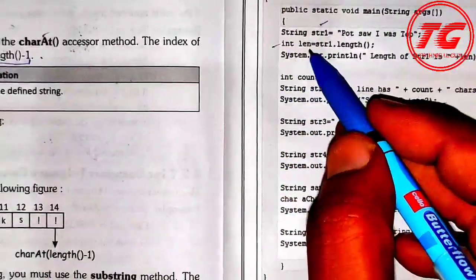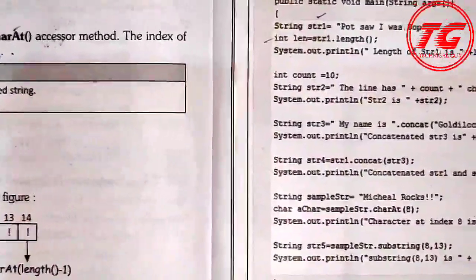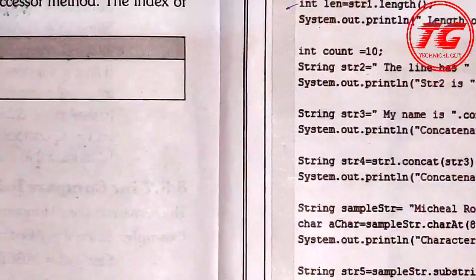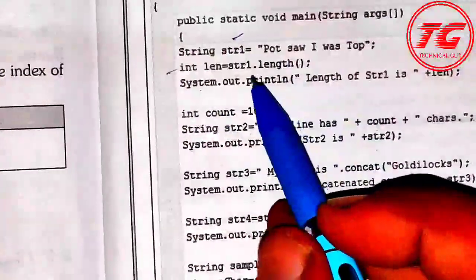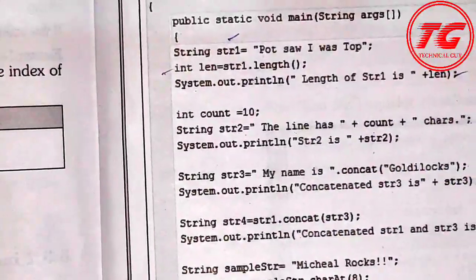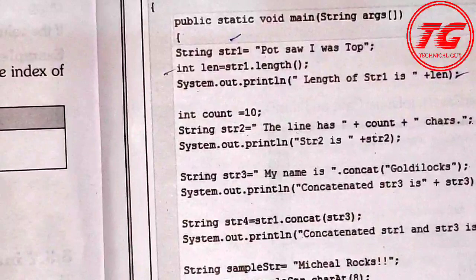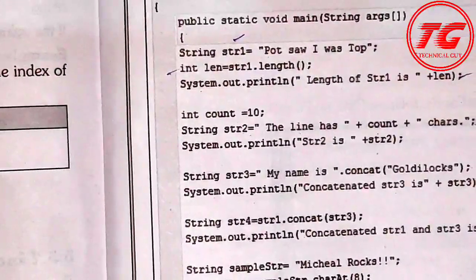Firstly they have calculated the length of this string using the length method. So str1 dot length they will calculate, and then the length is printed. As you can see the length of this is 17, so 17 will be printed.